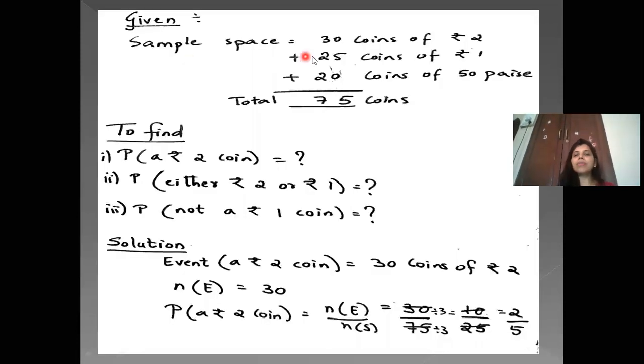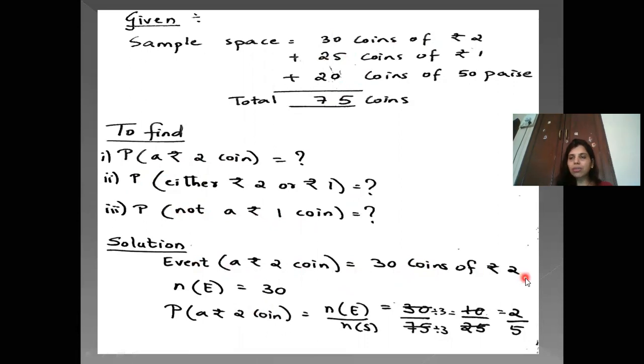Sample space is 30 coins plus 25 coins plus 20 coins, and when we add we get 75 coins. We have to find the probability of a 2 rupee coin, either 2 rupee or 1 rupee coin, or not a 1 rupee coin. So your event is the 2 rupee coin, because we have to find the probability for 2 rupee coins.